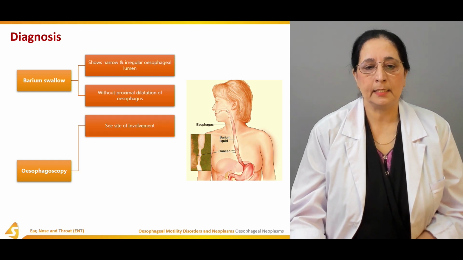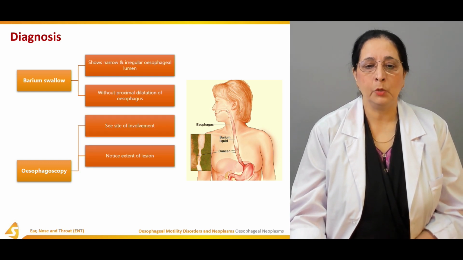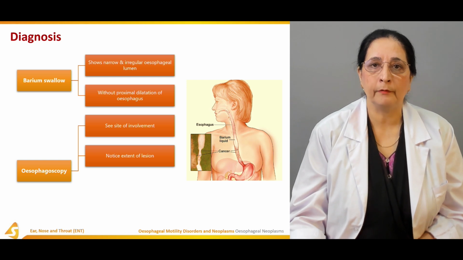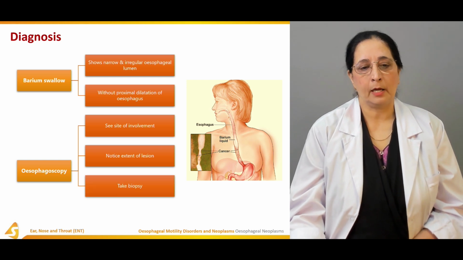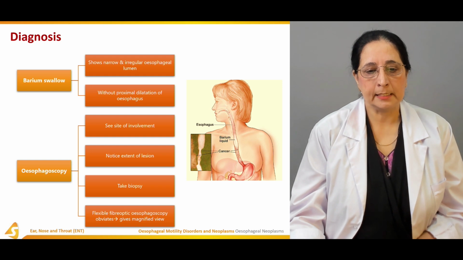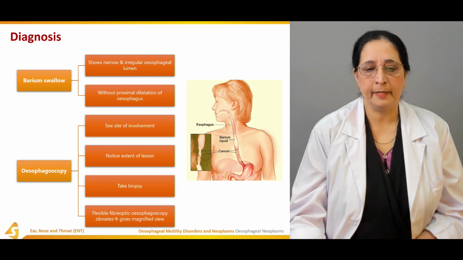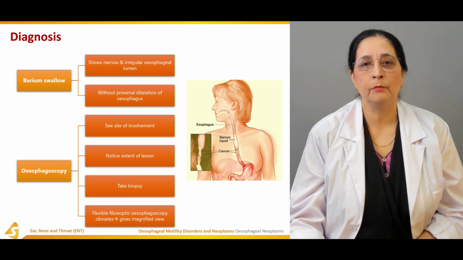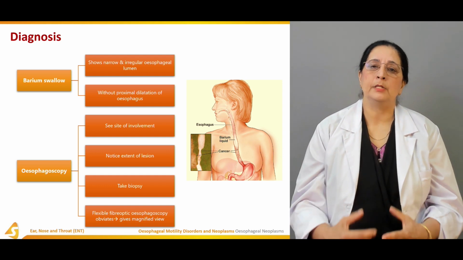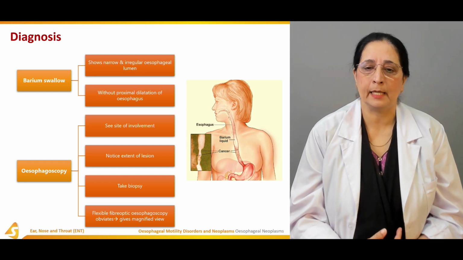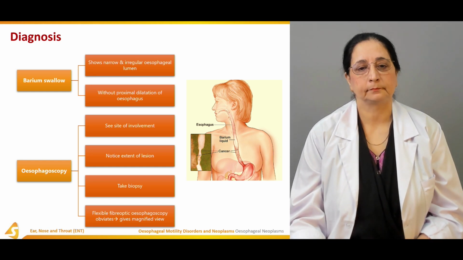Esophagoscopy shows the site of involvement, notes the extent of the lesion, and allows biopsy, and flexible fiber optic esophagoscopy gives a magnified view. So these are some diagnostic tests that can be performed.